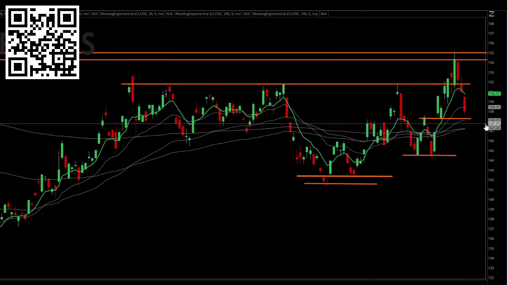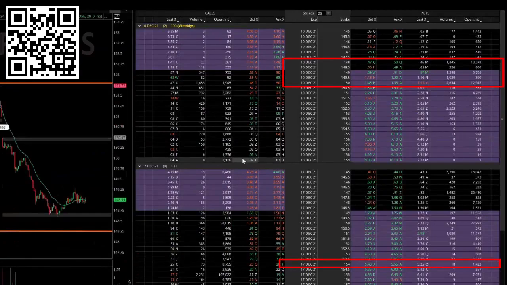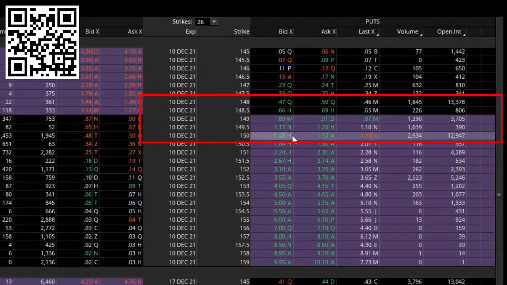The puts 150, just to give you an idea, that I told you yesterday at 40 cents, right now $1.50. So from 40 cents to $1.50. They went for more than $1.60, so basically 4 times the money.